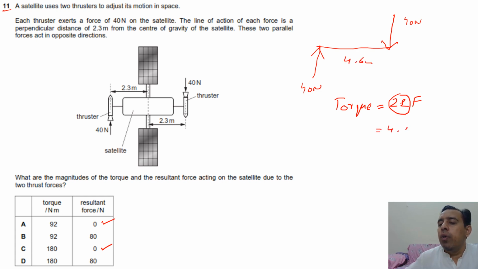So 4.6 multiplied with 40, the answer is 184, which is rounded to two significant figures, it's 180 Newton meter. So option C is correct.